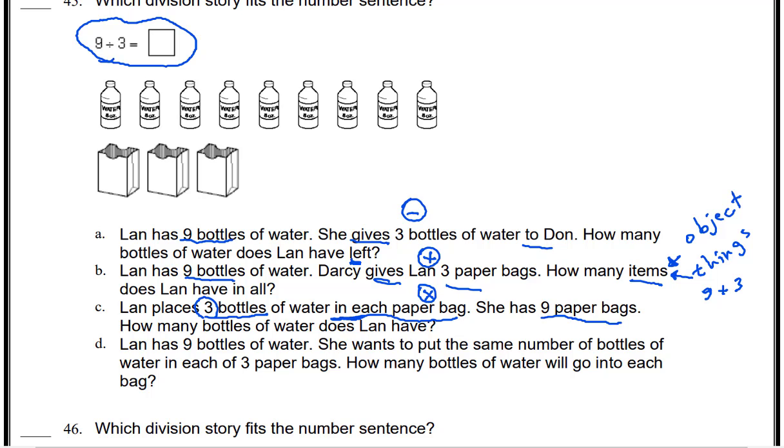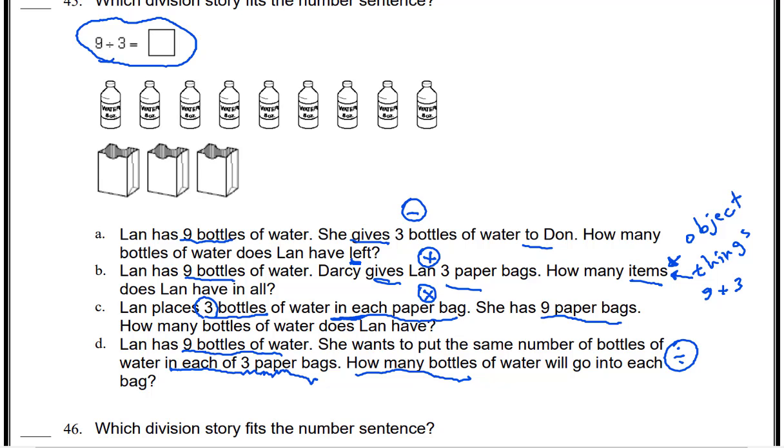Remember that we need division, not multiplication. D. Land has 9 bottles of water. She wants to put the same number of bottles of water in each of 3 paper bags. How many bottles of water will go into each bag? It is the correct one, because same number means divide.